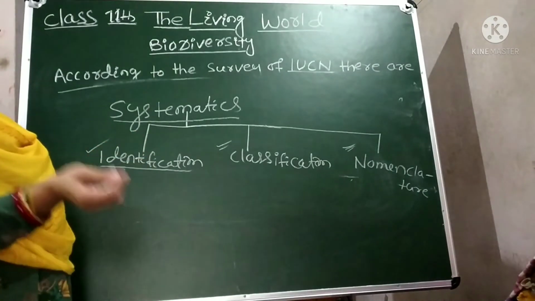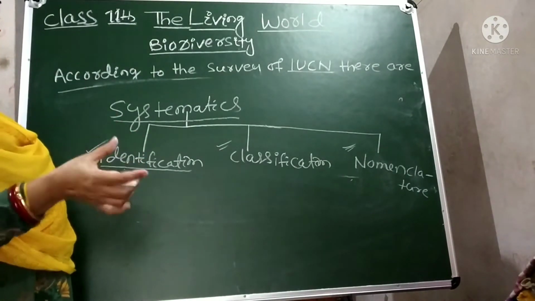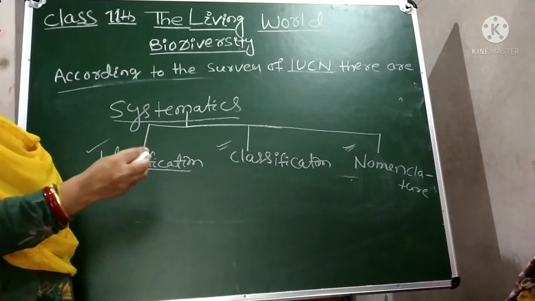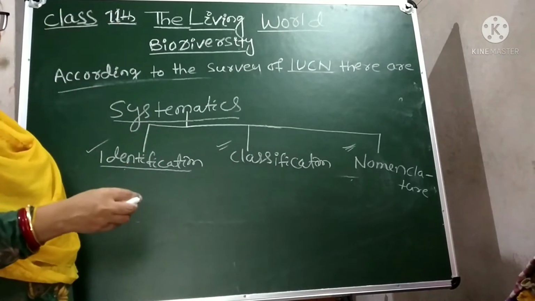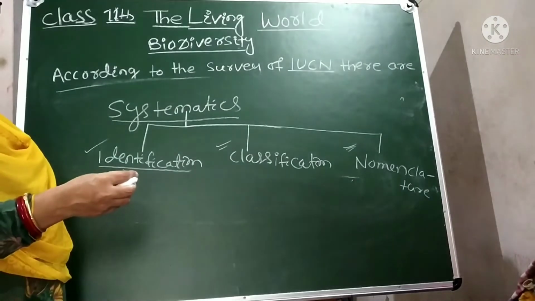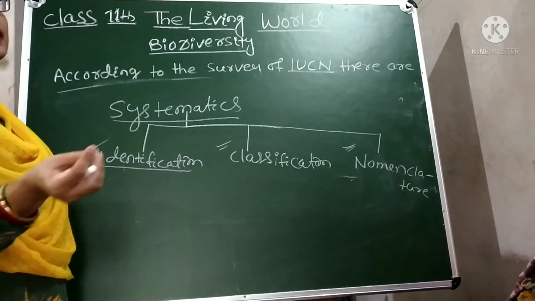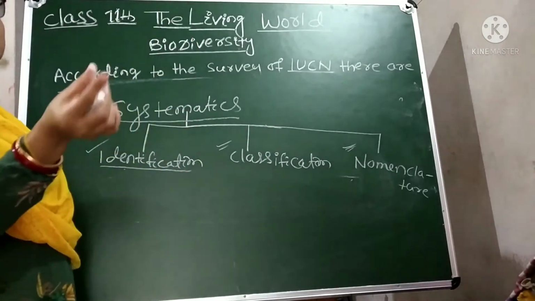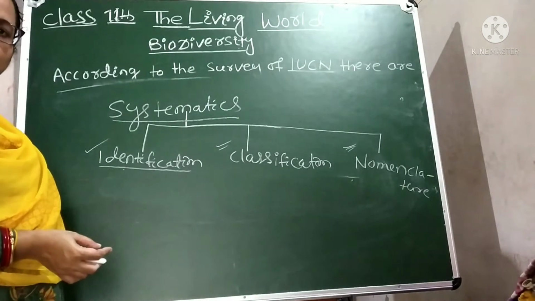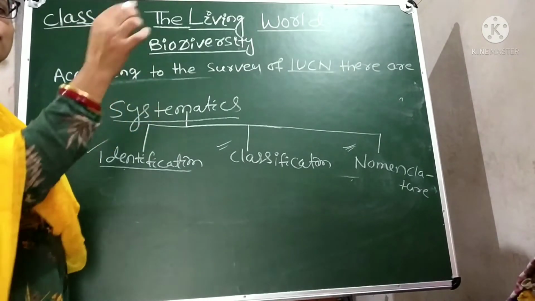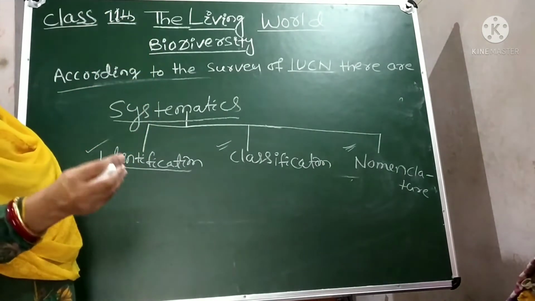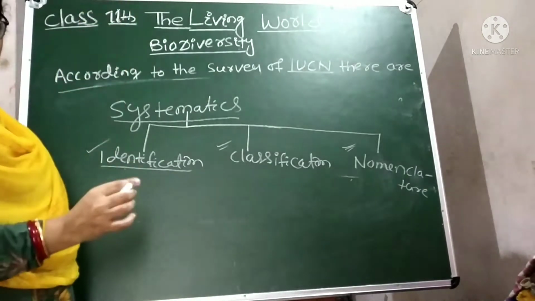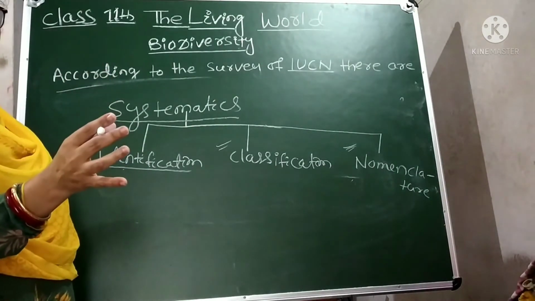For example, if I give you one plant and one animal, how can you identify that one is a plant and one is an animal? By observing the morphology, meaning the outer appearance.